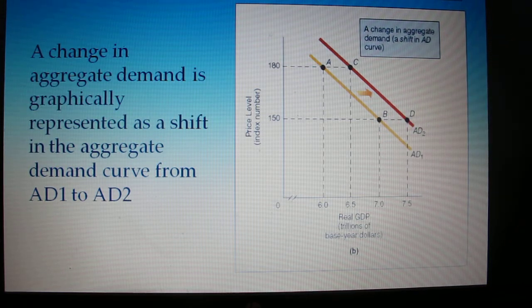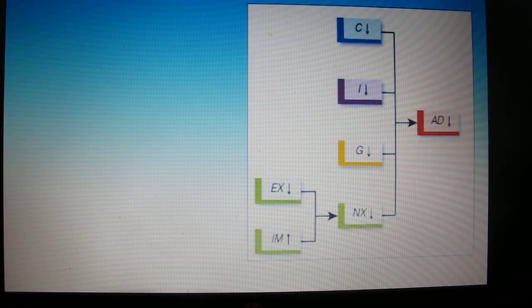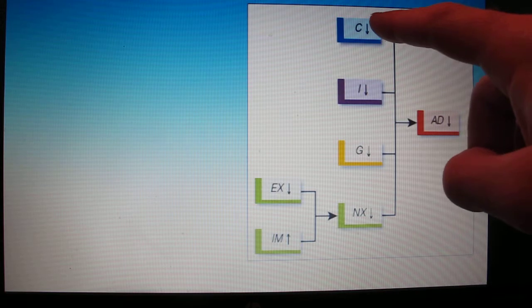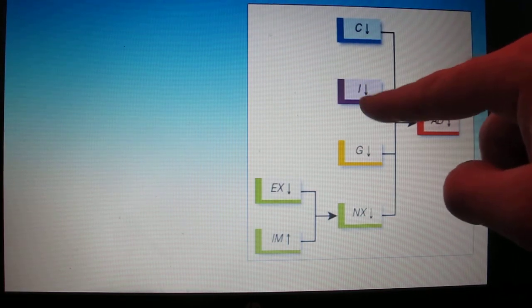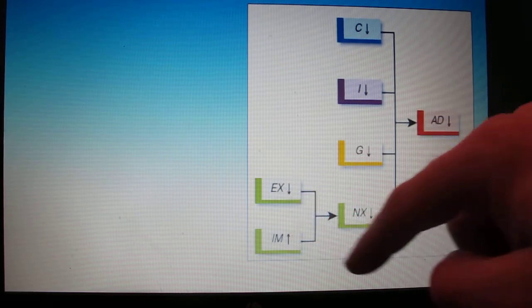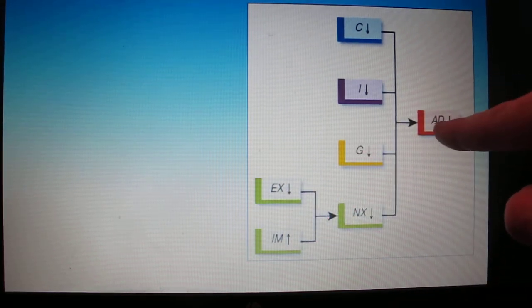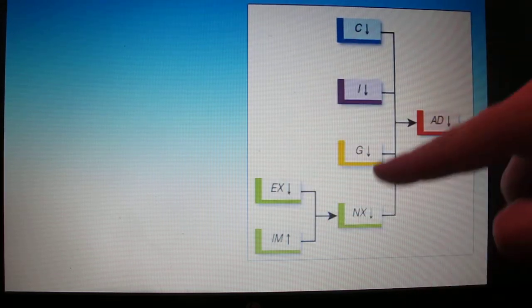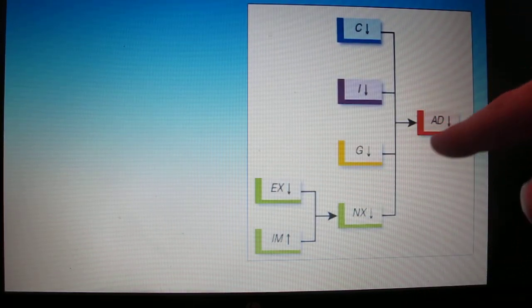So what can change an aggregate demand curve? What are the factors that can change that? Well, we've already kind of covered them. If you recall, consumption, investment, government spending, and net exports less imports can all affect aggregate demand. These were the elements involved in calculating GDP.